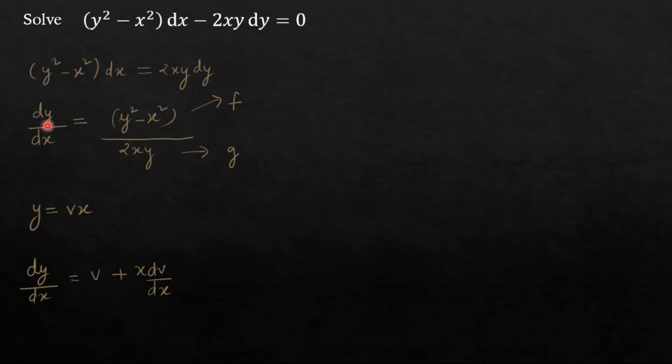In place of dy by dx I am replacing v plus x dv by dx, which is equal to, in place of y putting v into x, v square x square minus x square divided by 2xy, which becomes 2v x square. So the x square will get cancelled, and it becomes v square minus 1 divided by 2v.